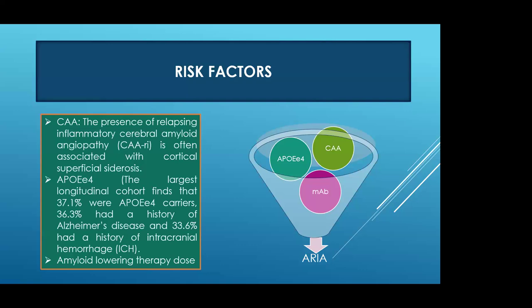Within the first 7 weeks, it's a time in which people most likely will develop these abnormalities. But there is another risk factor that we sometimes forget, and I think it's important to mention, and that will be anticoagulation. So those people receiving concomitant anticoagulation are, of course, at a higher risk of developing amyloid-related imaging abnormalities.